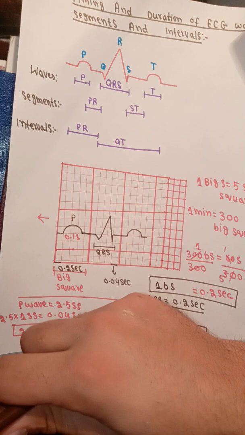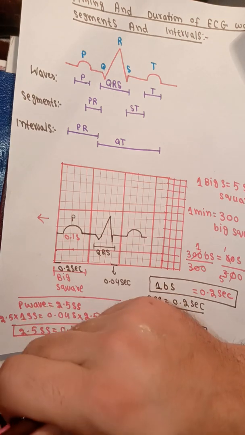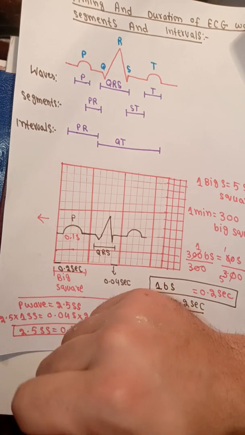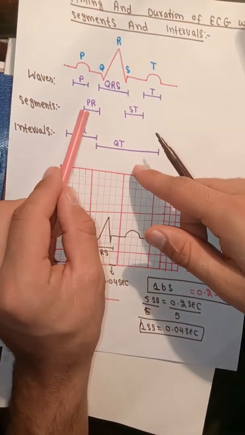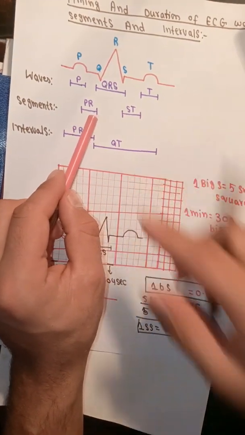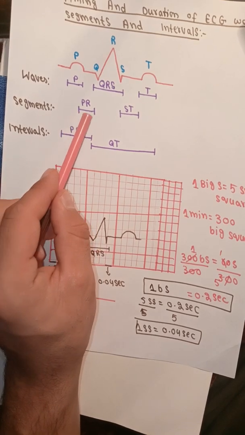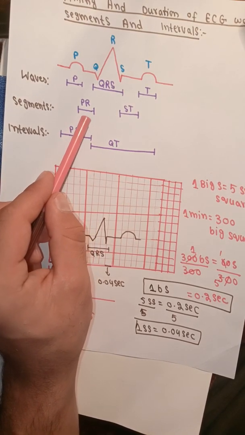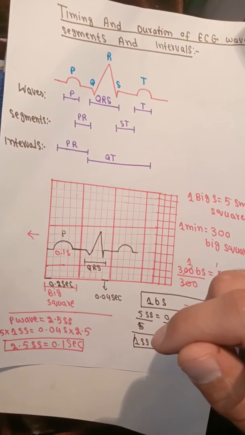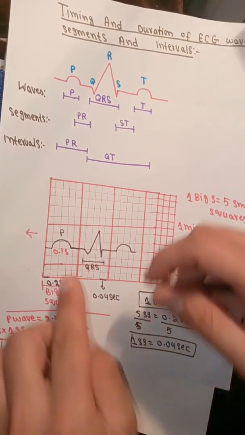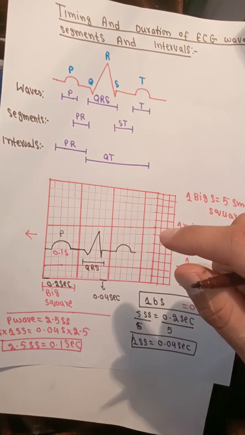Now here I am going to find the time for the PR segment. For the PR segment, the duration is also 0.1 because it is also equal to 2.5 small squares.